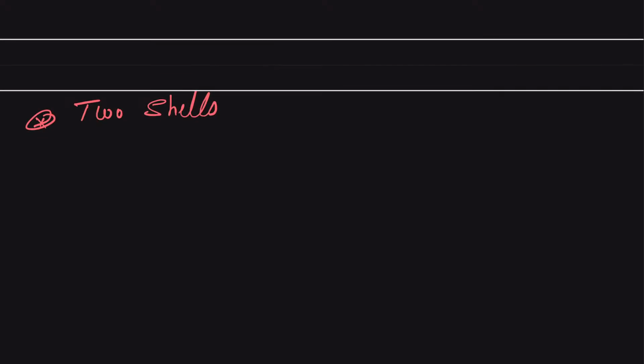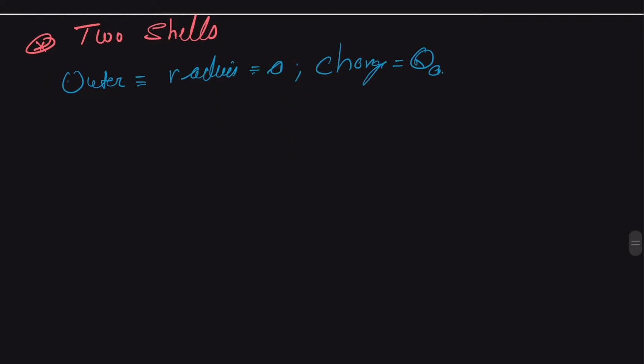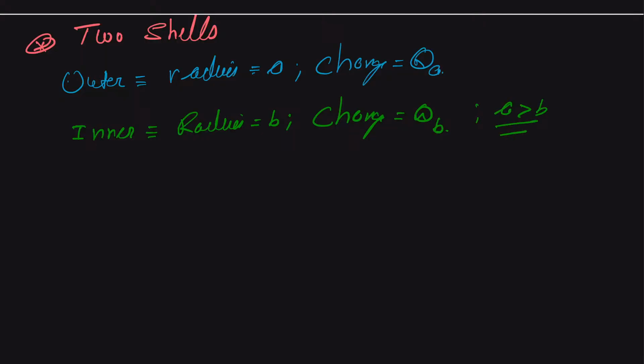We have two shells: an outer one with radius A and charge, suppose, QA, and an inner one whose radius is B and let us suppose the charge is QB. We are given that A is greater than B.